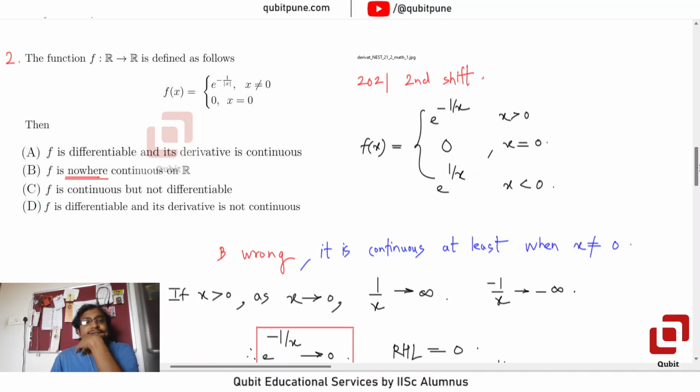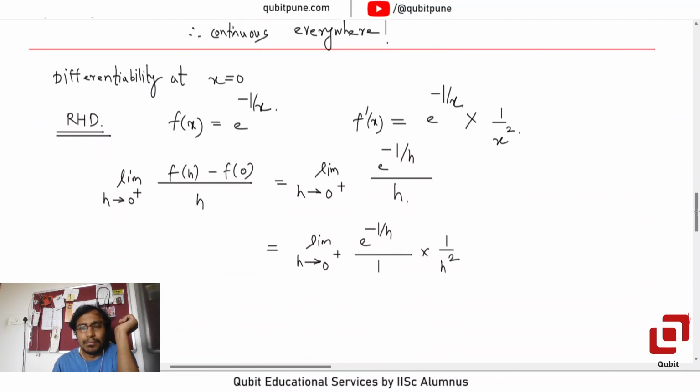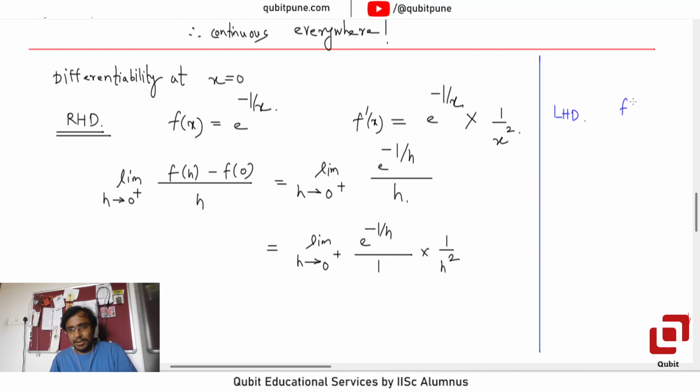To check the differentiability at 0, suppose I go for left hand derivative also, then there the function's definition is what? E raised to 1 upon x. So what will be the derivative?